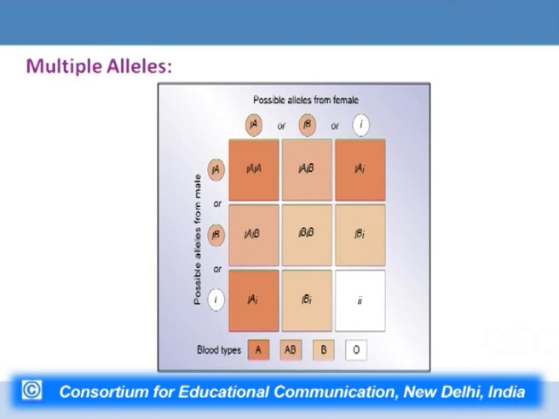Any individual who has 2 copies of IA will be A blood type, any individual who has 2 copies of IB will be B blood type, individuals who have 1 copy of IA and 1 copy of IB will be AB blood type, and those individuals who have 2 copies of small i will be O blood type, whereas individuals who have 1 copy of IA and 1 copy of small i will be A blood type, and those who have 1 copy of IB and 1 copy of small i will be B blood type.